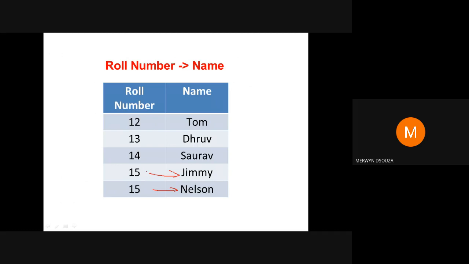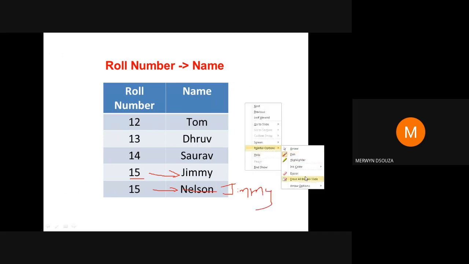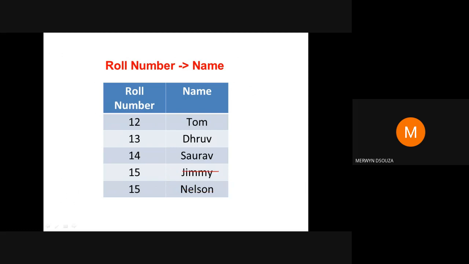So either roll number 15's name should be Jimmy, so there should be no Nelson. Wherever roll number 15 is found in the database, the name of the student should be Jimmy. Or whenever roll number 15 is found, the name of the student should be Nelson. We cannot have different names for the same roll number.